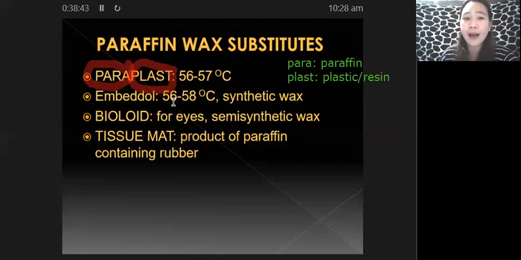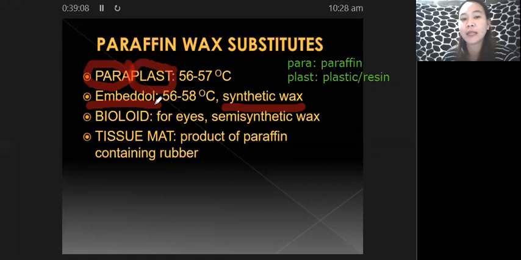So another paraffin wax substitute, we have your embedol. Okay, so your embedol has a melting point of 56 to 58 degrees Celsius. And it is considered to be a synthetic wax. As compared to your paraplast, your embedol is less brittle.